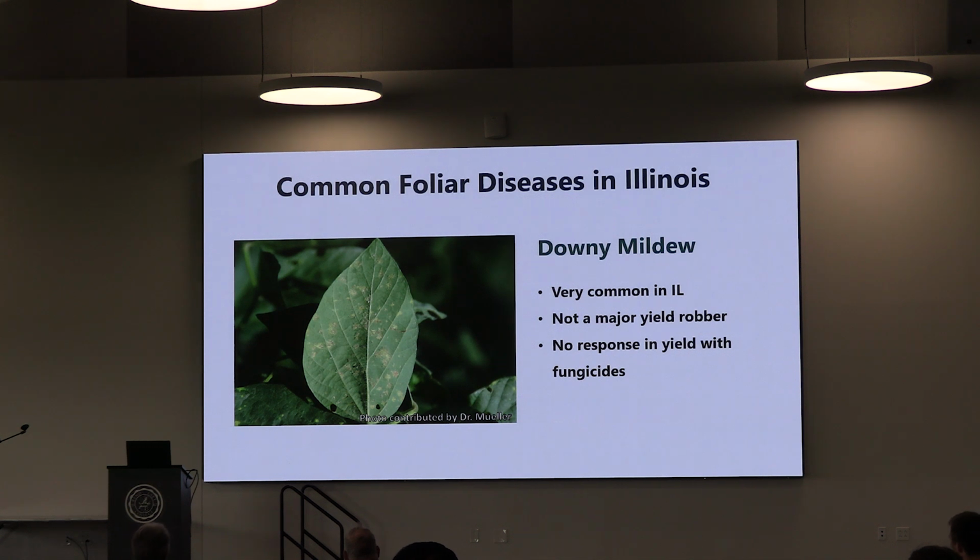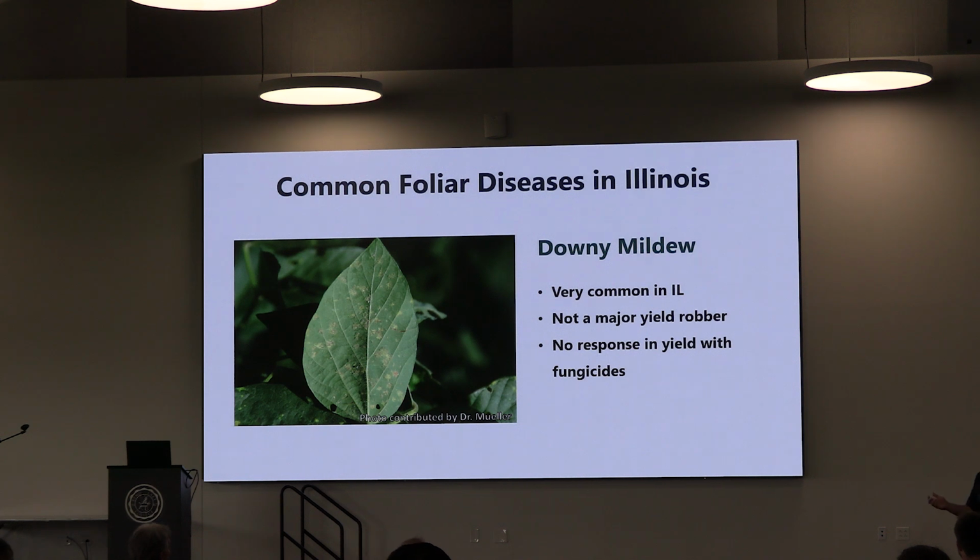It's not a major yield robber here, so we usually don't recommend to spray against this disease because we will not see any impact on the yield. Have you seen this? Yeah, this is a common disease. Usually see it a little bit later in the season. As Boris said, fungicides don't really work very well in controlling this disease.